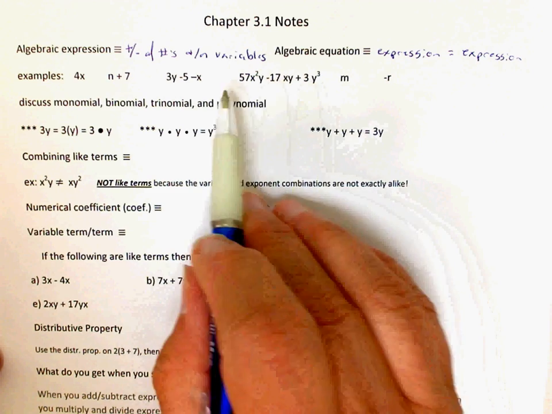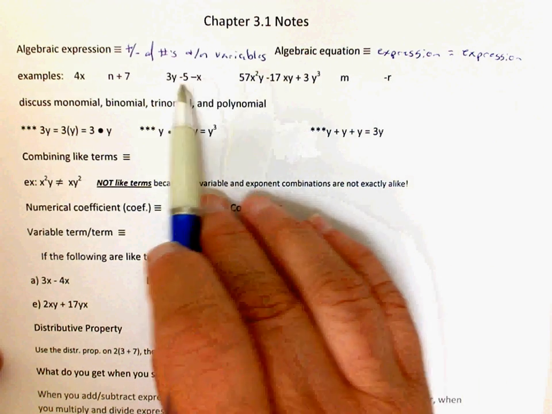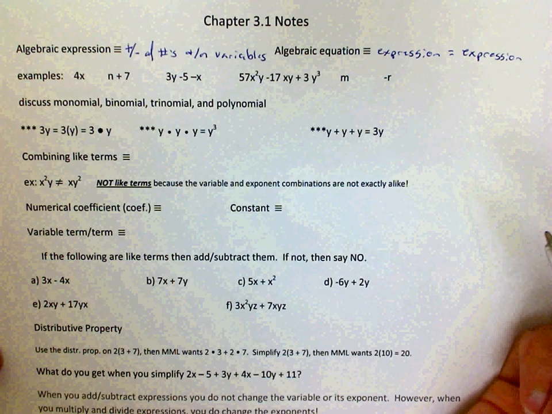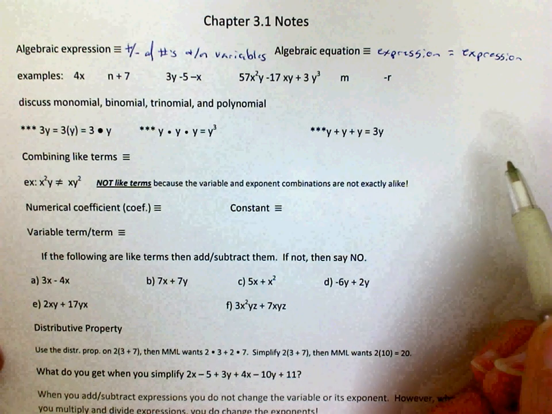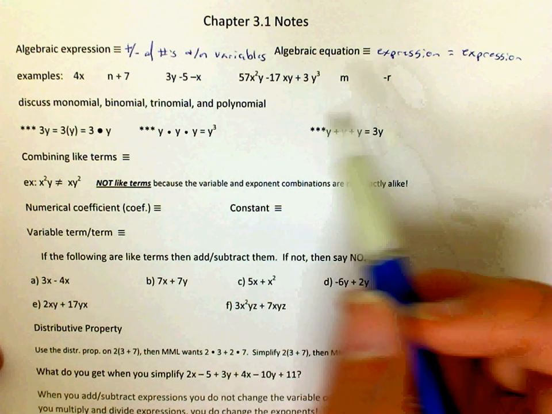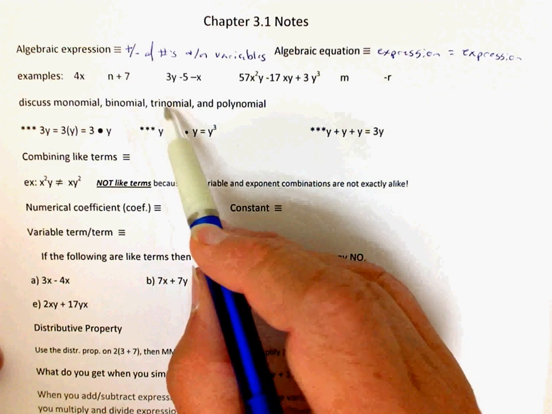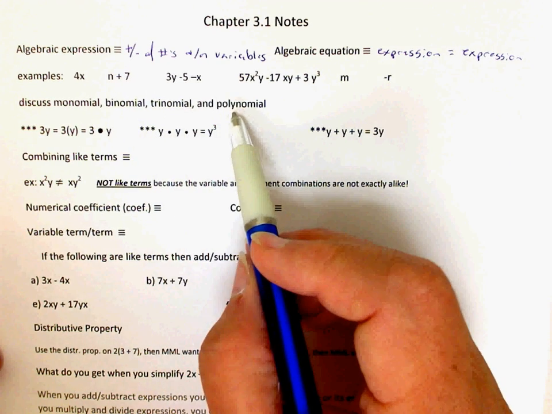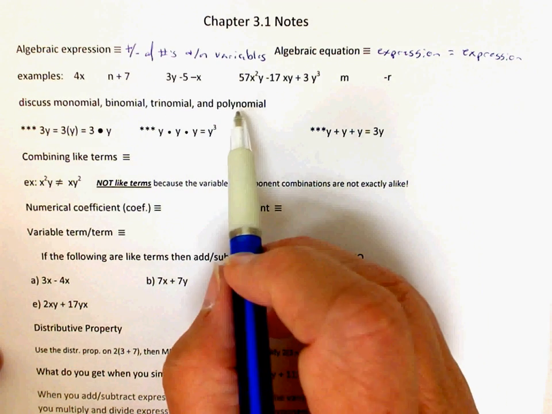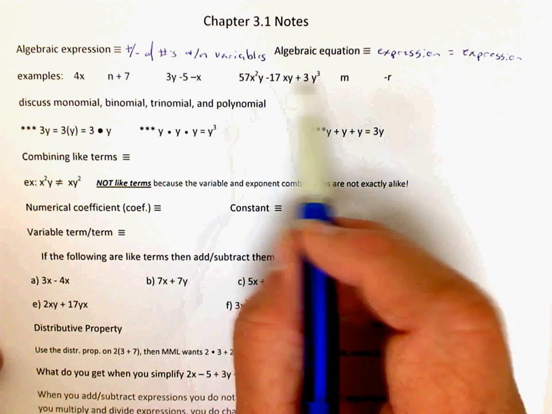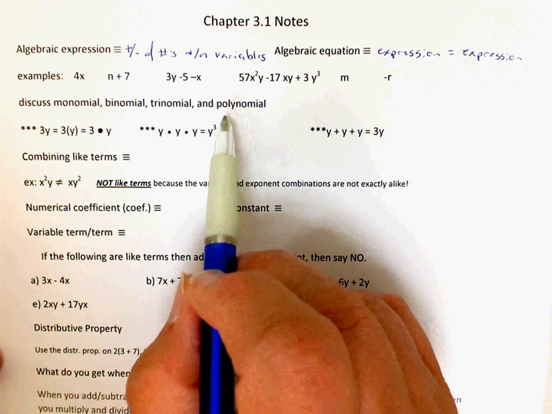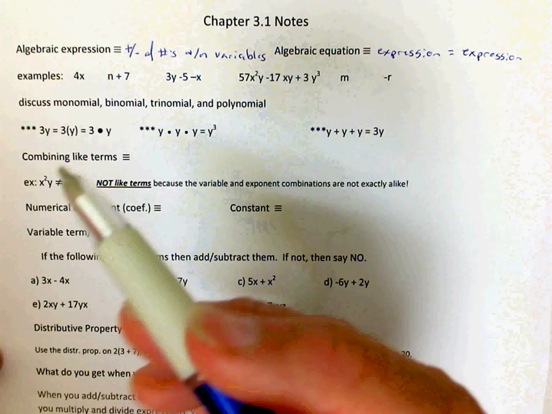These two are trinomials. Normally in a problem, if they ask whether it's monomial, binomial, trinomial, or neither, and it has more than 3 terms, then you're going to say neither.